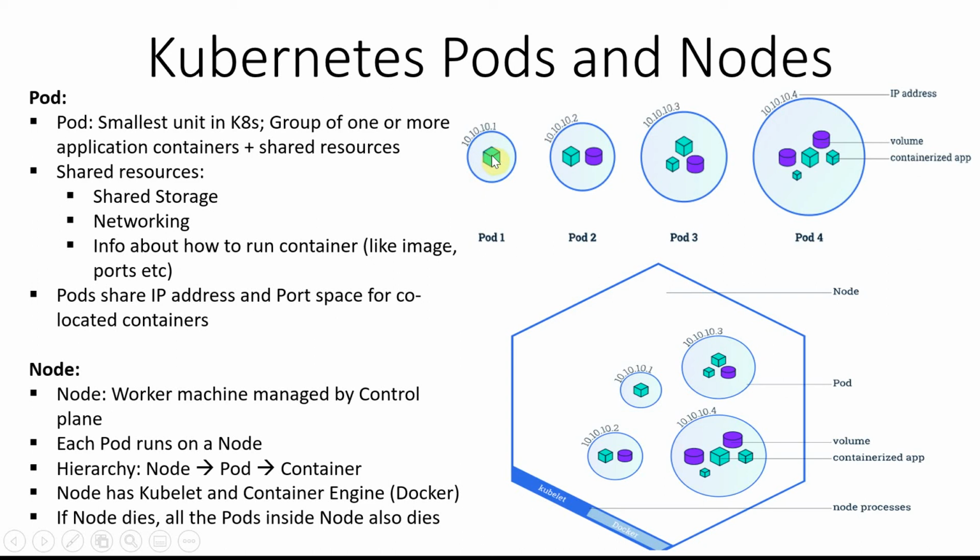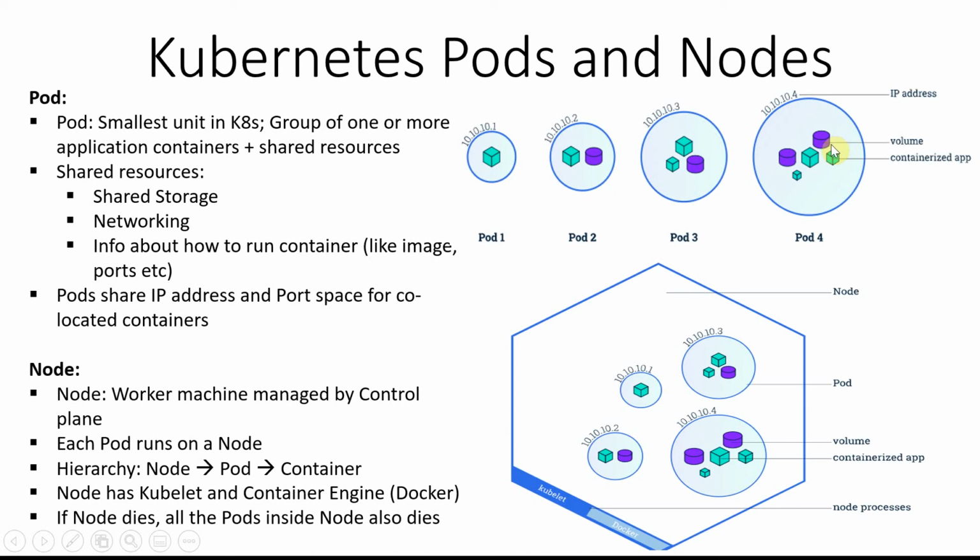The other container could be a database, for example. That's why there is a database symbol here. A database could also be a pod, or it could be one bigger pod and a smaller pod and a database, or multiple combinations of stuff. So basically, a pod is nothing but a group of containers.